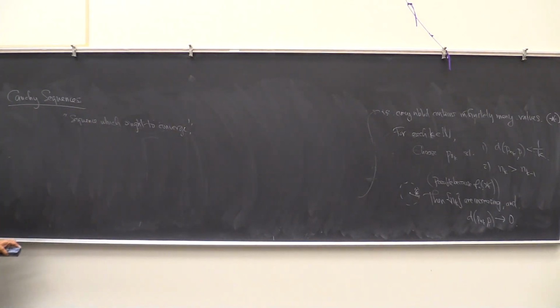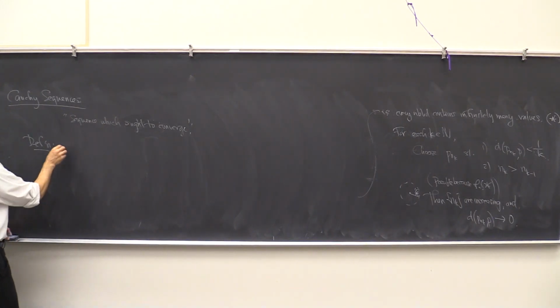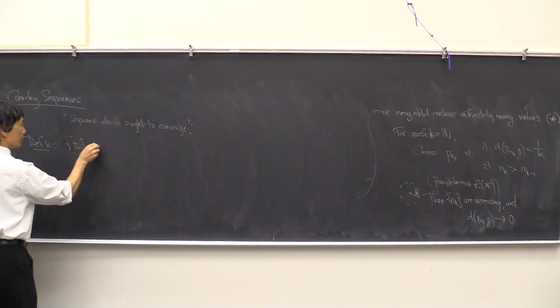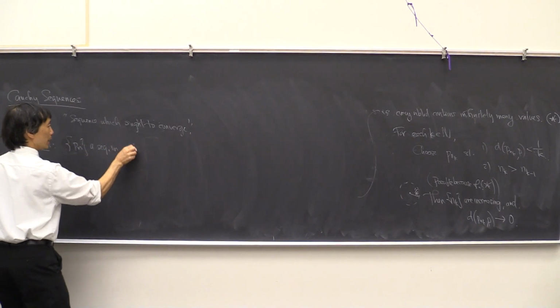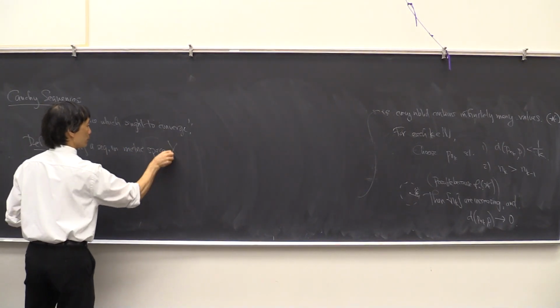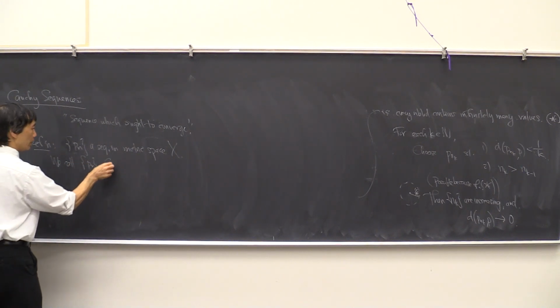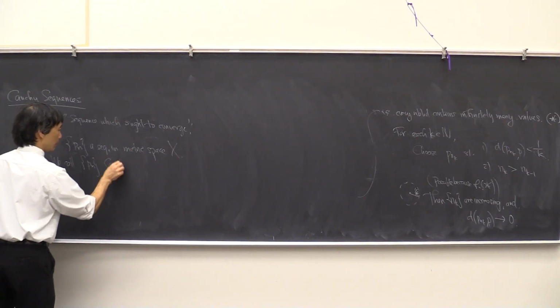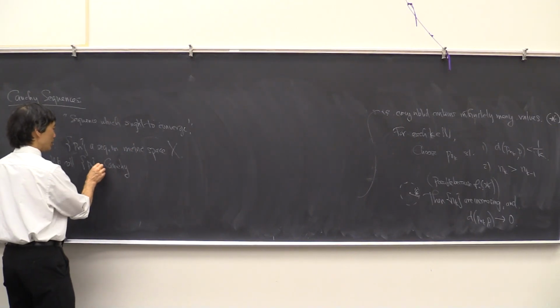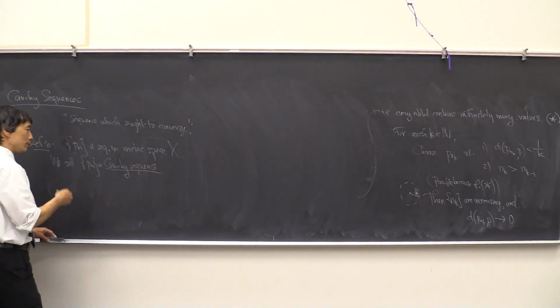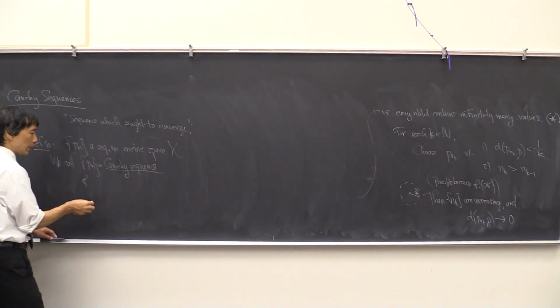Let me give the definition. Again, you have p sub n, a sequence in a metric space X, and we call it a Cauchy sequence if it satisfies this property.